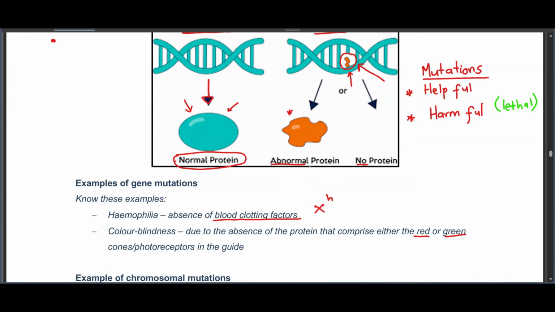But now, when you've got a gene mutation that removes that blood clotting factor, that's a harmful one because now you will bleed forever. If someone who has got hemophilia falls down and encounters an injury and they start bleeding, they are likely to bleed for very long, because their blood fails to clot. It fails to become thicker and solid.